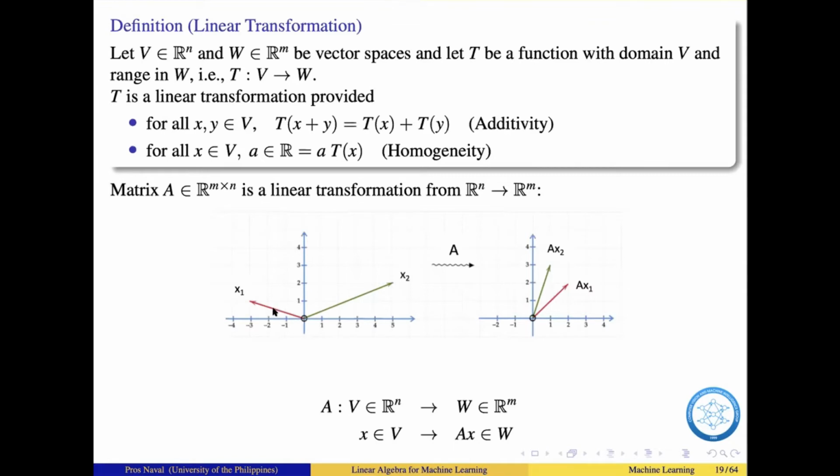When you multiply that by A, the linear transformation A, it becomes AX, and it looks like this. And when you multiply x2 by A, it becomes like this. So that's a linear transformation.